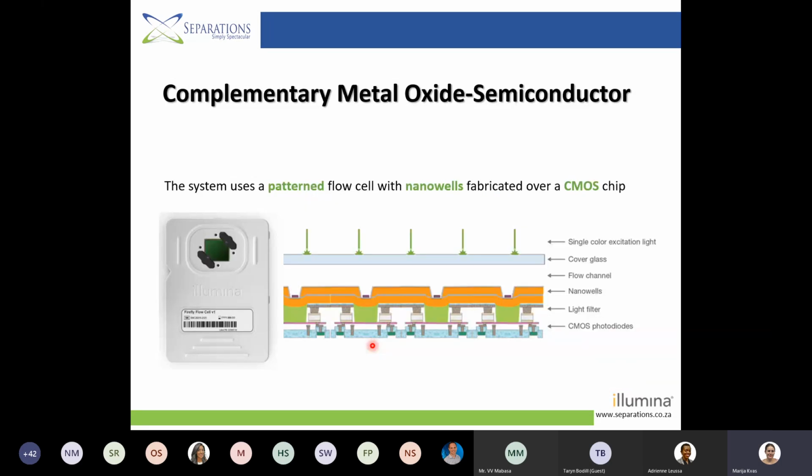So the way that the instrument then detects these clusters is that we have what we call a CMOS chip, which is a complementary metal oxide semiconductor here at the bottom. And these are there to detect the signal that comes from the library that is sitting on a nanowell that is excited by the light source.